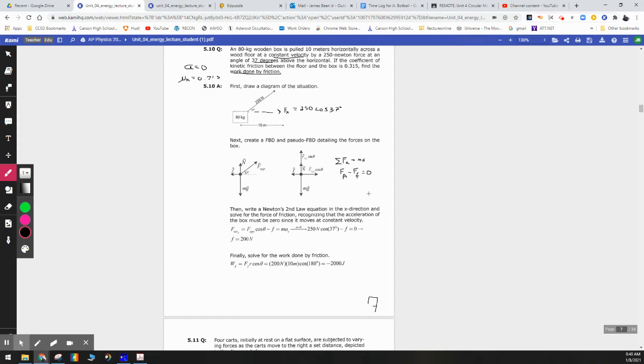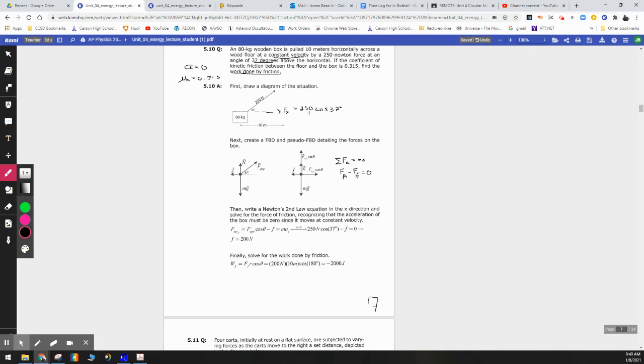So there's an applied force here, and here's a force of friction, and what we need to figure out is this applied force. There's this kind of a subtractive effect.